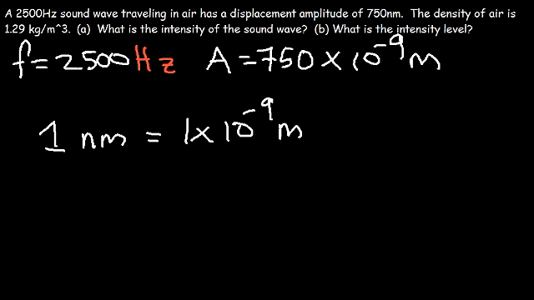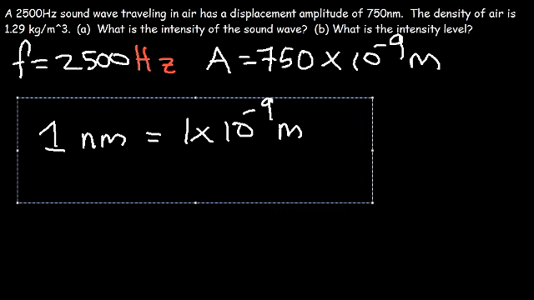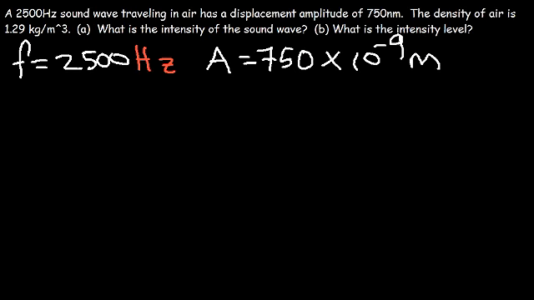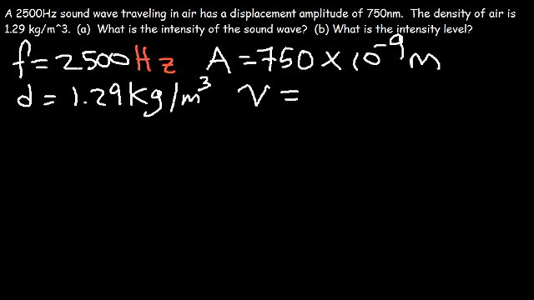Just replace the unit nm with 10 to the minus 9 meters, and you should be fine. Now we know that the density of air is 1.29 kilograms per cubic meter. And the speed of sound in air, we're going to assume at 20 degrees Celsius, is 343 meters per second.